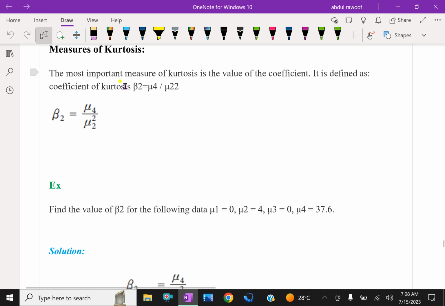The most important measure of kurtosis is the value of the coefficient. It is defined as the coefficient of kurtosis, that is beta 2 equal to mu 4 over mu 2 square.